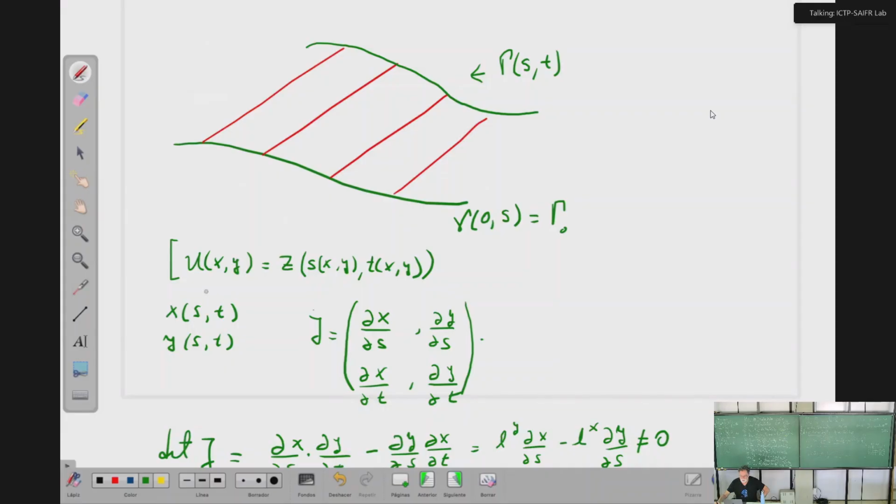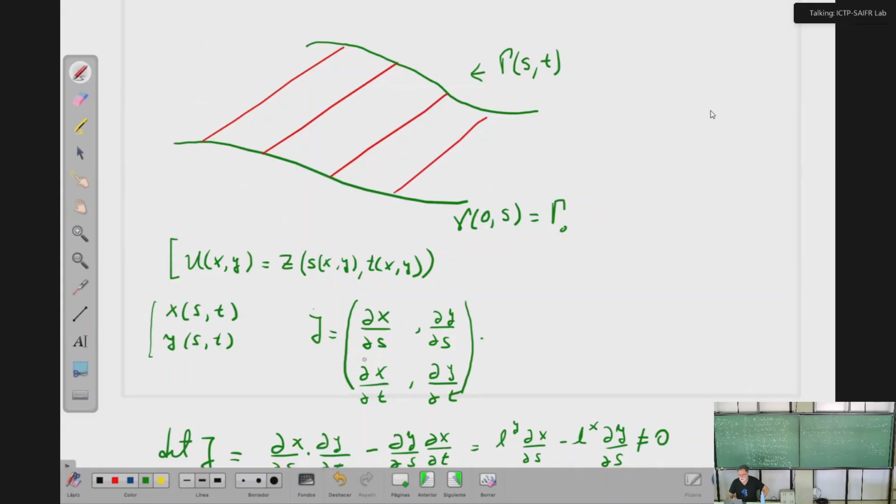So I need to invert this relation, because what I want is s of x,y and t of x,y, and what I'm having is this relation. So I have to use the implicit function theorem, and invert this relation.